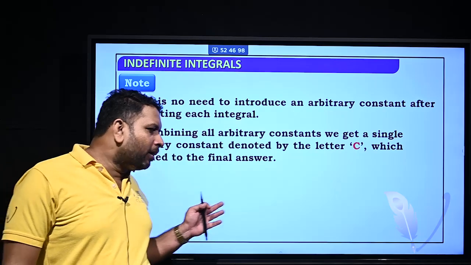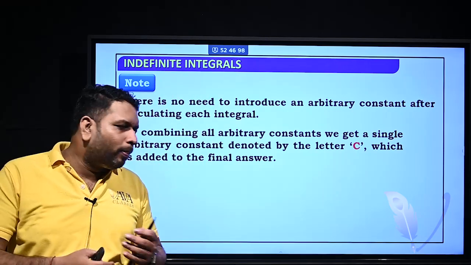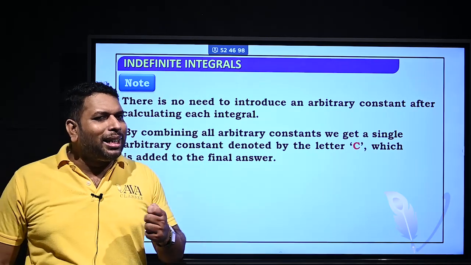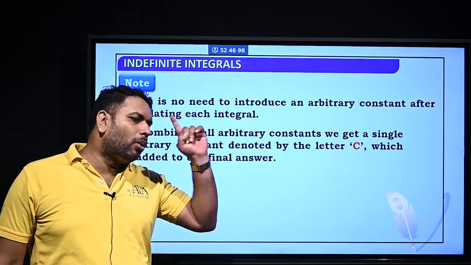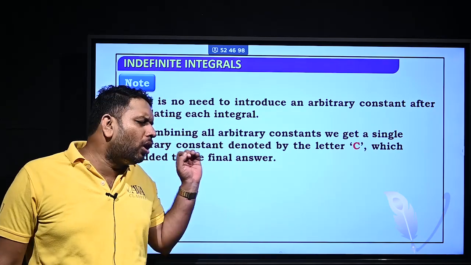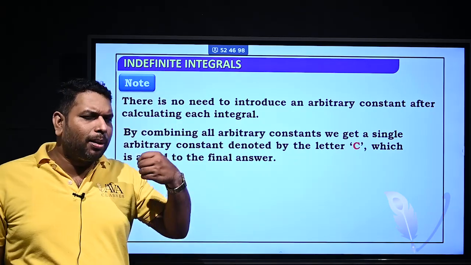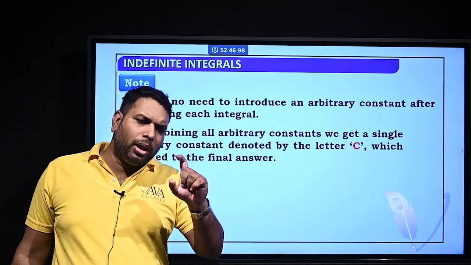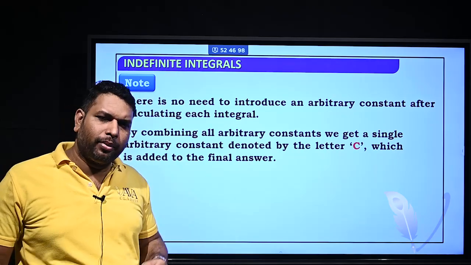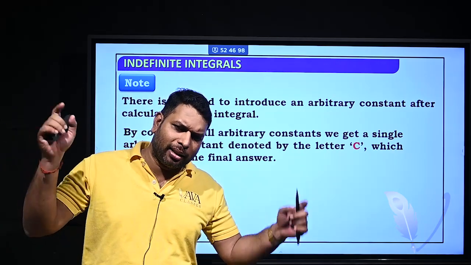Suppose you are integrating 5 terms. No need to write 5 constants, you write only one constant, because all the constants will be added and give a single constant. That arbitrary constant is written only once with capital letter C in every indefinite integration.